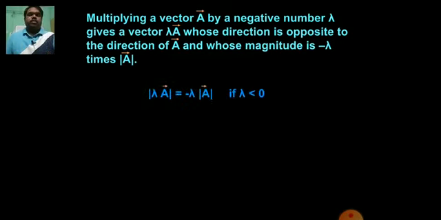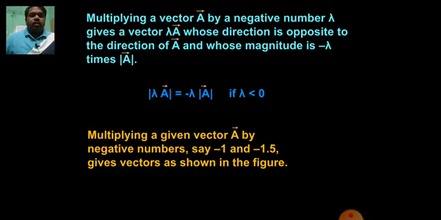That's what you are supposed to remember. Here the real number lambda is less than 0, then the magnitude after multiplying becomes minus lambda into mod of vector A. Here the magnitude as well as direction both will be different.